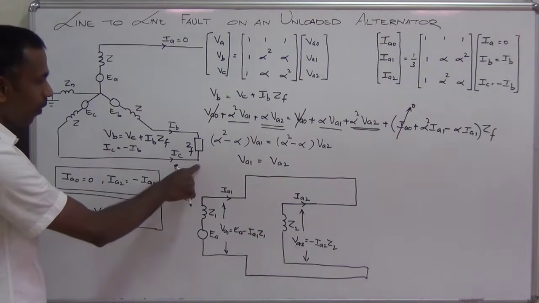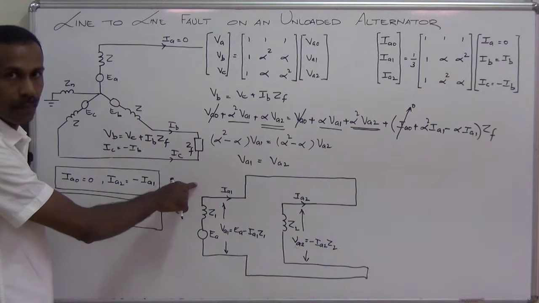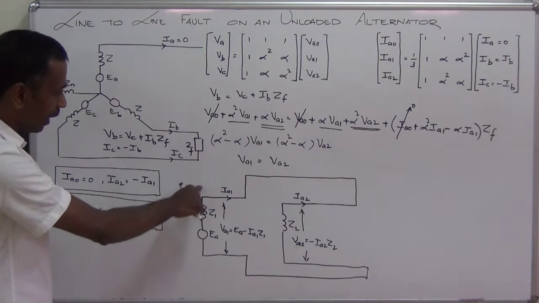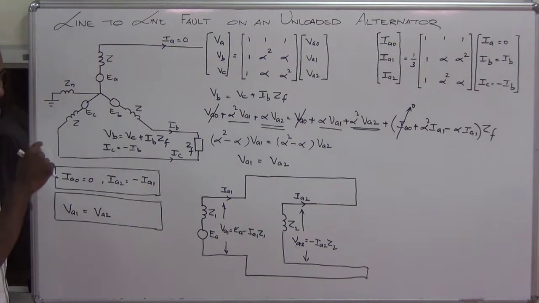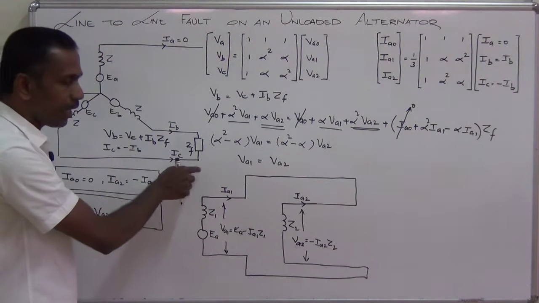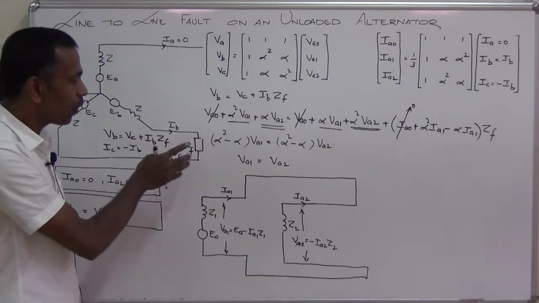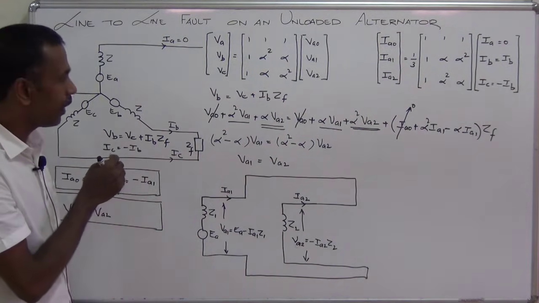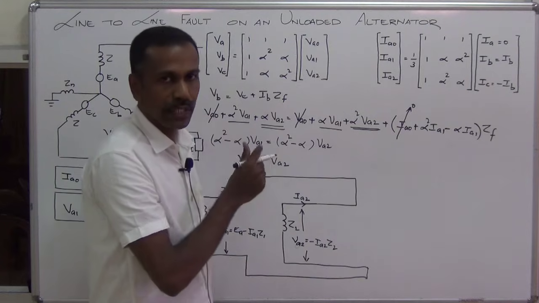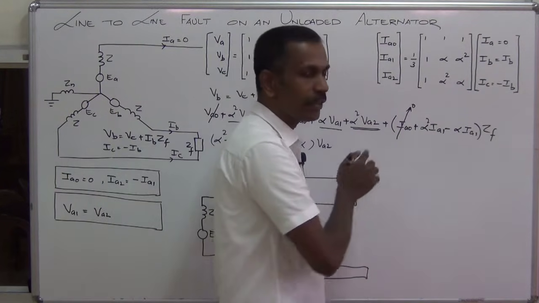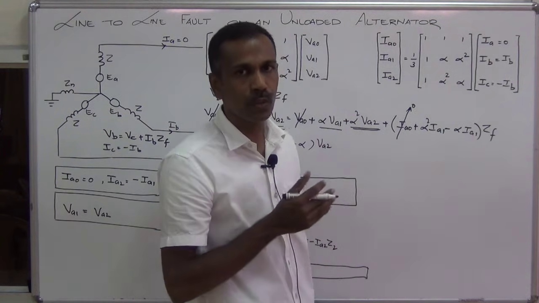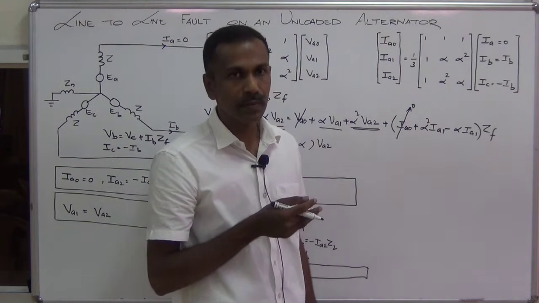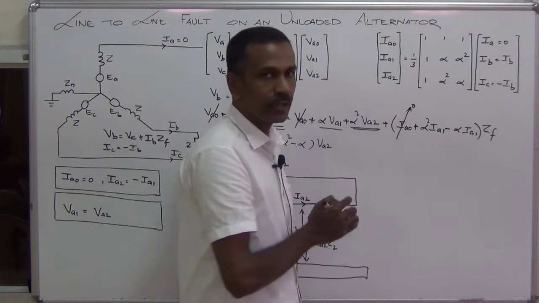In this particular fault, there is no ground connection. If there is a ground connection, this current can flow through this neutral grounding. There is no ground connection at this fault point, so we do not have any ground current, so we do not have any zero sequence current. The zero sequence current flows through the neutral grounding. In this particular case, there is no neutral current. So there is no zero sequence current.